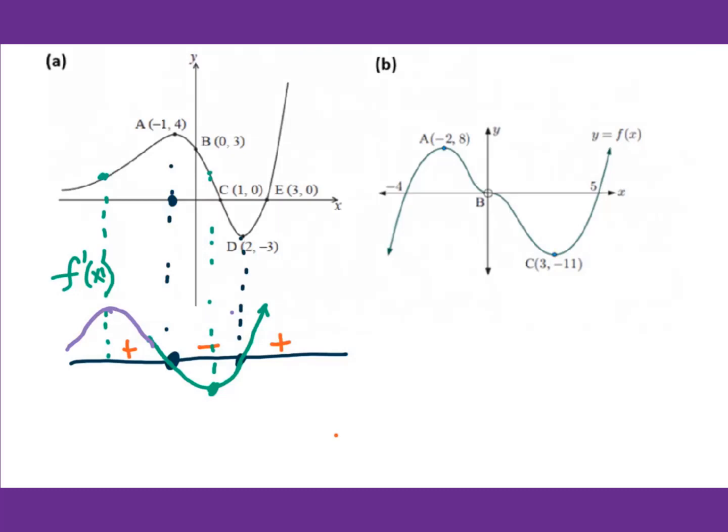Now I will draw this graph on the original graph. So this part will be maximum or minimum. Inflection on the original function will be the maximum or minimum point on the first derivative graph.